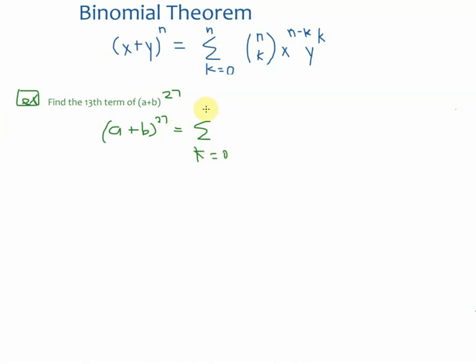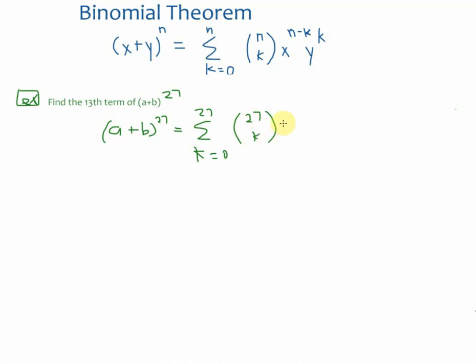I go to the 27th term, and it's going to be n, taking k at a time. Remember, I replace everything except for the k. So n is 27, taken k at a time, because that's going to tell me which term I'm on.